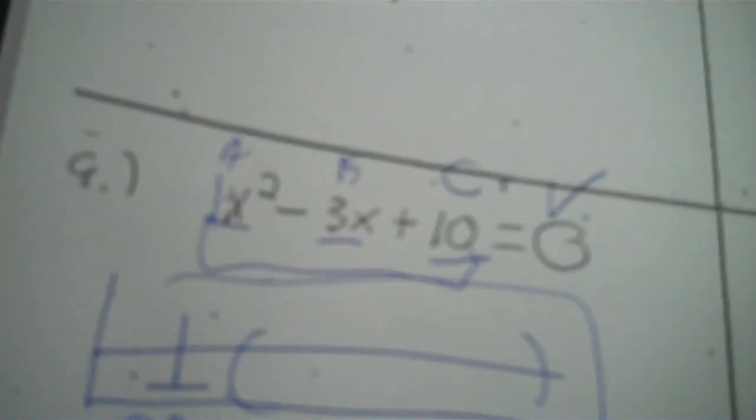That is a QF. So x equals opposite of b, plus or minus the square root of b squared minus 4ac, over 2a. Okay, so the opposite of b is 3, then b negative 3. 4ac, so a is 1, c is 10, and the a down there is 1.